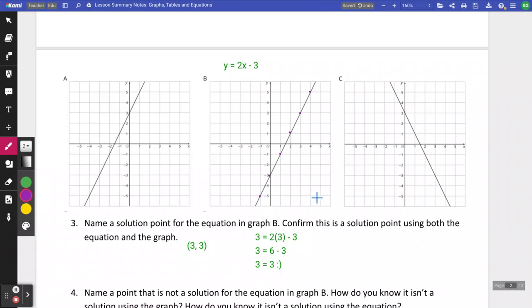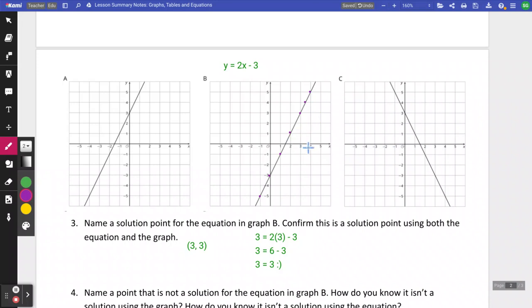Now, are those points I just listed and marked on the line the only points you could use? Again, no. I'm picking these points that are easy to identify, but those are not the only points on the line. This point here, even though it's not going through those perfect graph lines, still would be a solution point.